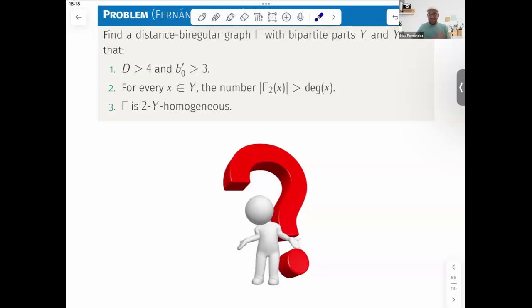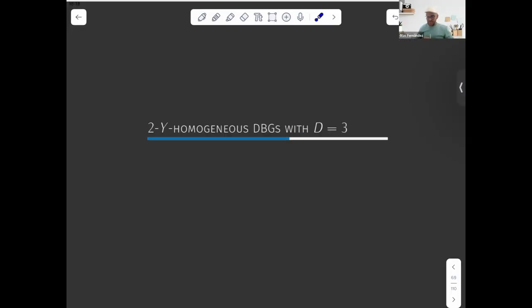This is the sub-problem that we would like to solve. We were wondering about the existence of such a graph, and we know that the smallest one should be in the case d equal to 4, with the smallest eccentricity.